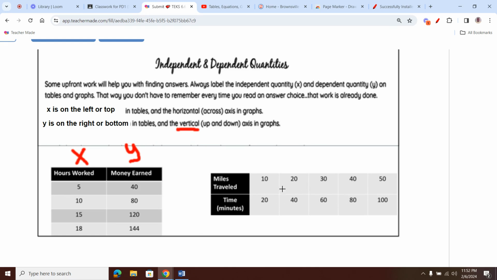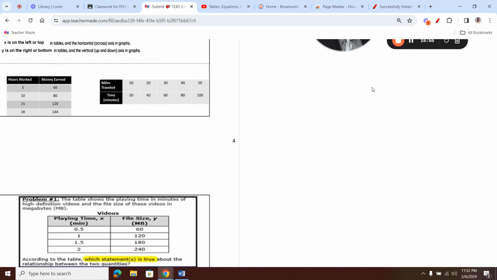Now horizontal tables, the top one is always your x, and the bottom is always your y. And I have it here. x is always on the left or the top, and y is on the right if it's vertical, or bottom if it's horizontal. So we can't forget those things. Okay.